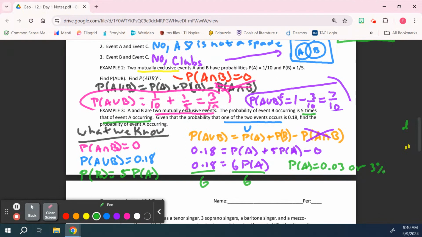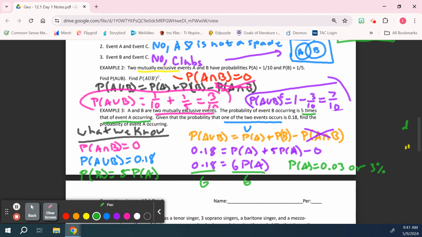Yeah. What is the probability of one of them happening 0.1, but B is 5 times A? That's 0.1. Okay, so you got to remember when you're doing an OR event, it could be this or this happening. It's not, how can I state it? It's not just the probability of one happening.